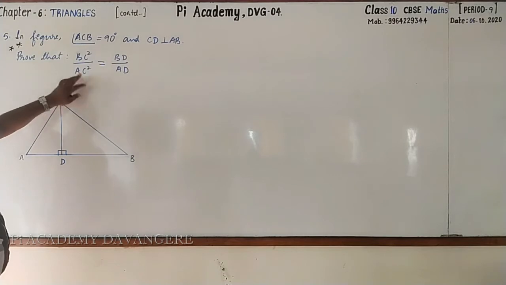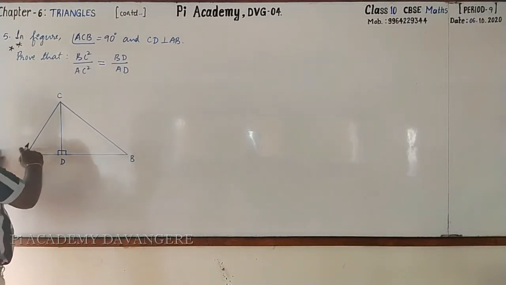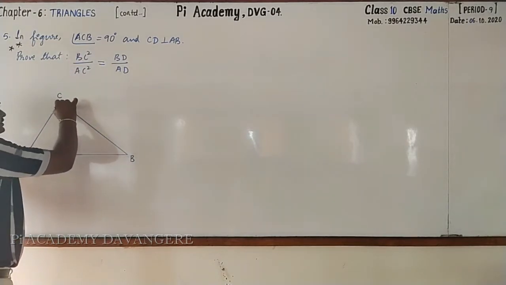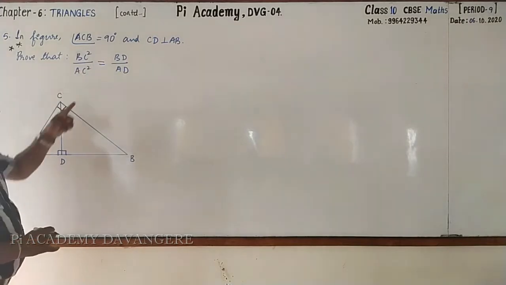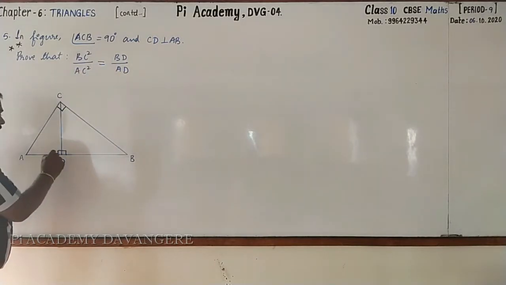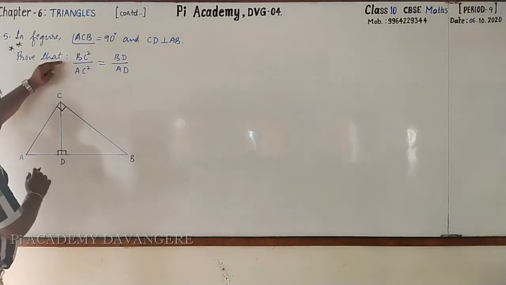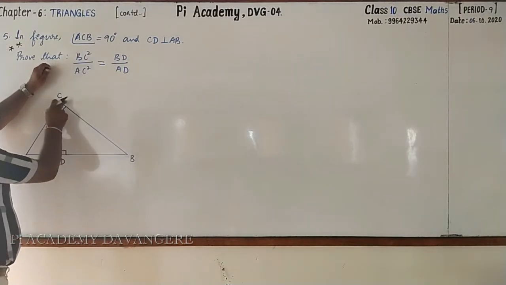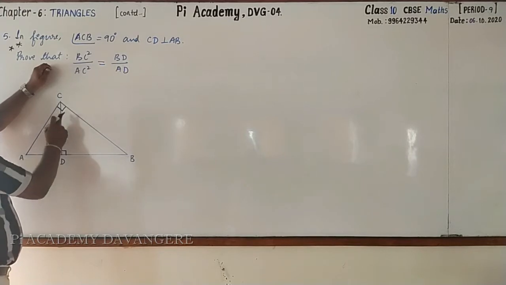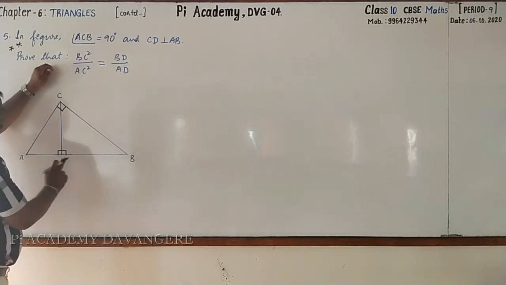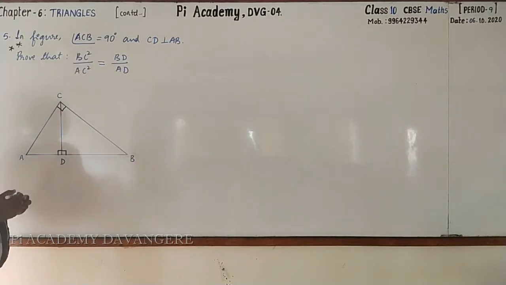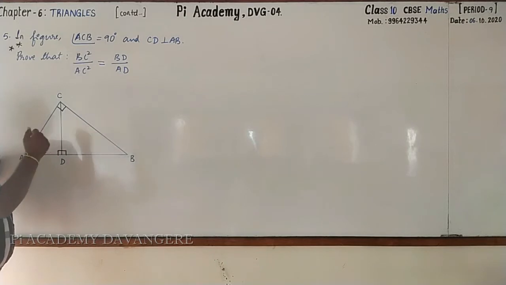In this figure, ACB is 90 degrees. See that angle ACB, this is 90 degrees. And CD perpendicular to AB. With this information, we have to prove that BC square by AC square equal to BD by AD. Then how to do that? Look here, of course, as it is perpendicular, you can go for using Pythagoras theorem.